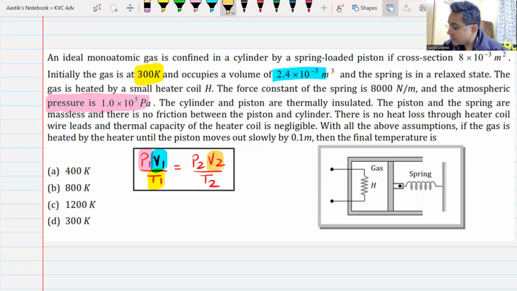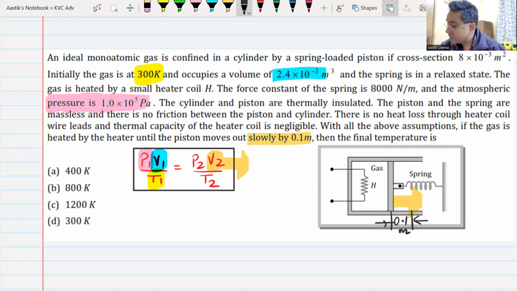Final volume is also given because it is given that the piston has moved out slowly by 0.1 meters. Yes or no?